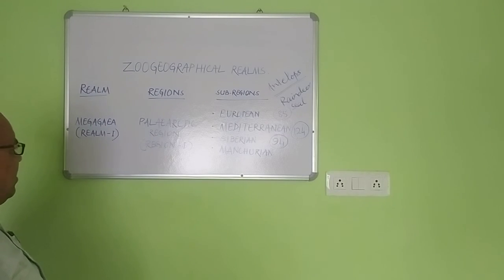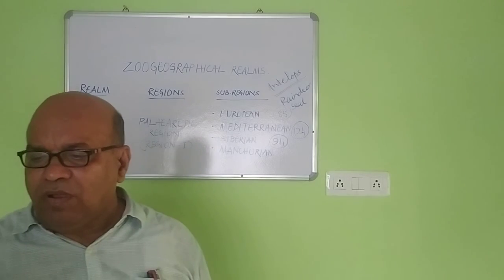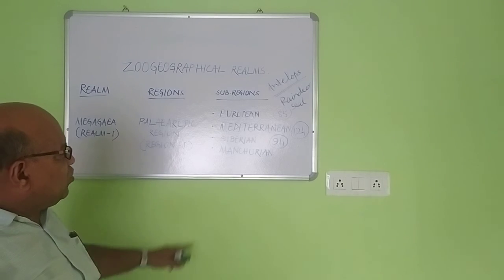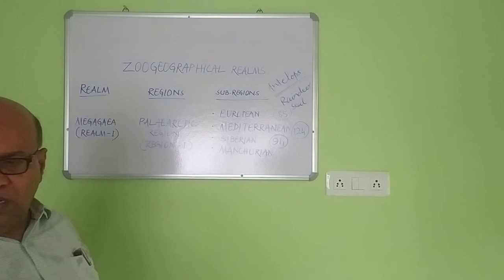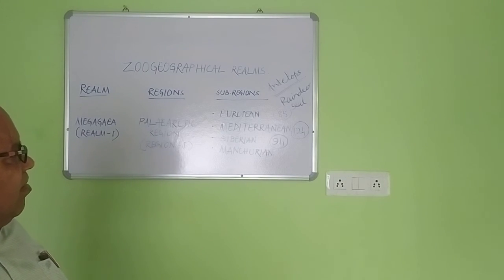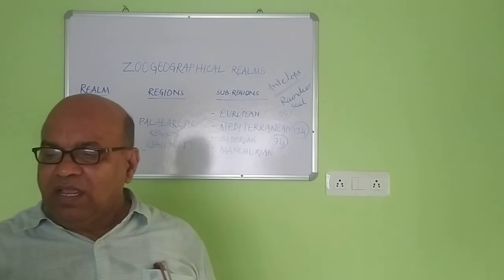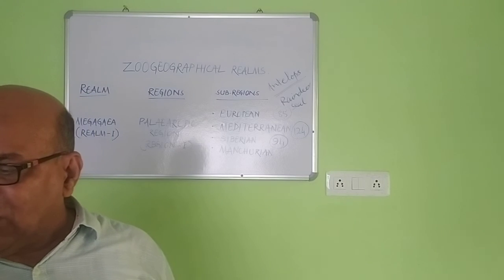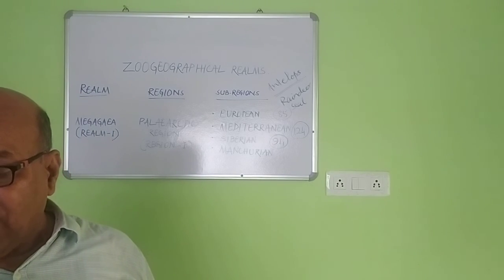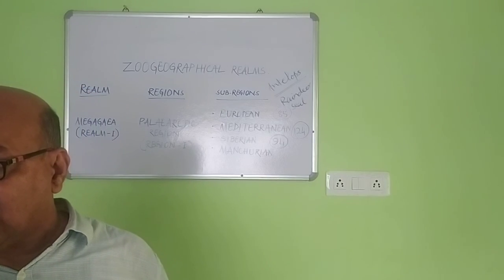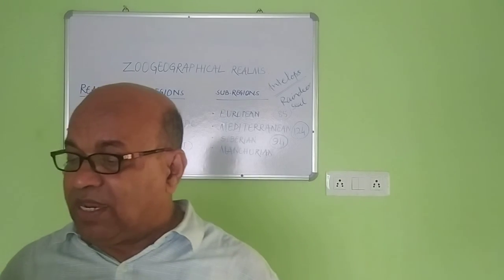Lastly, the Manchurian. It includes Korea, Japan, and Manchuria up to the Amur river, and in China up to the Nanking mountains, and that is the area of the Manchurian.